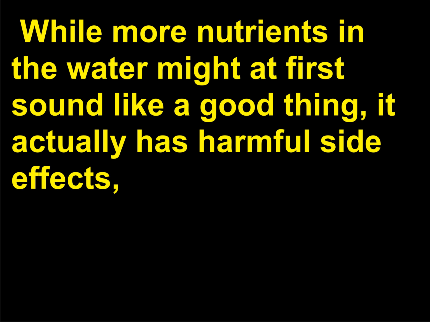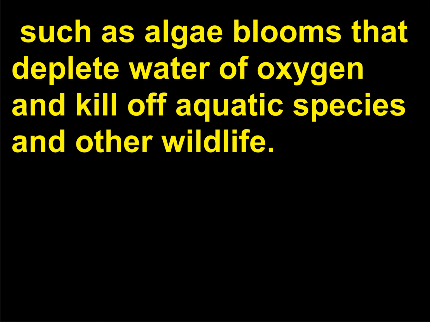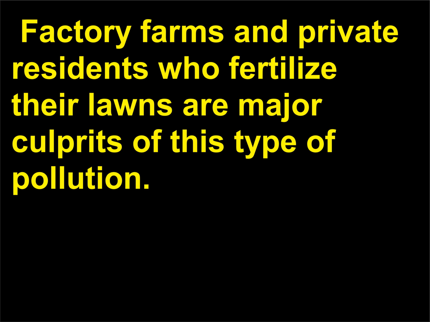While more nutrients in the water might at first sound like a good thing, it actually has harmful side effects, such as algae blooms that deplete water of oxygen and kill off aquatic species and other wildlife. Factory farms and private residents who fertilize their lawns are major culprits of this type of pollution.